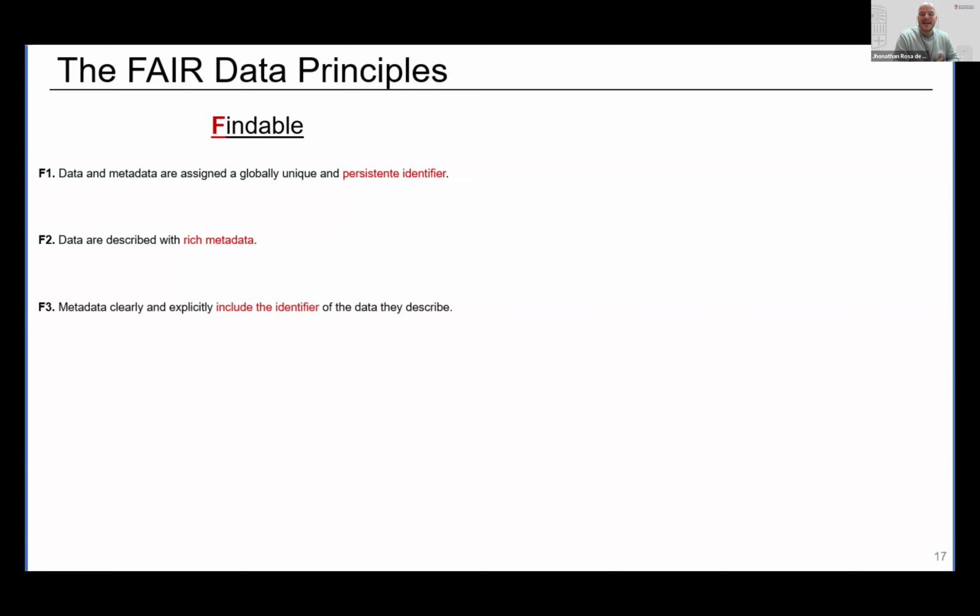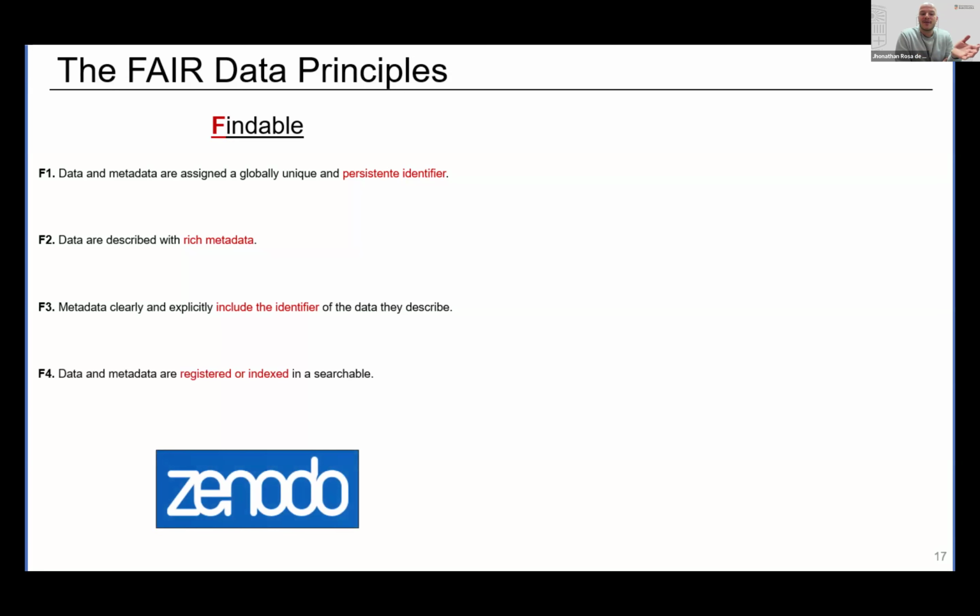Also, metadata clearly and explicitly include the identifier of the data they describe. To be findable, the metadata should include the identifier that was generated. This persistent identifier should be together with the metadata of the research that you are developing.